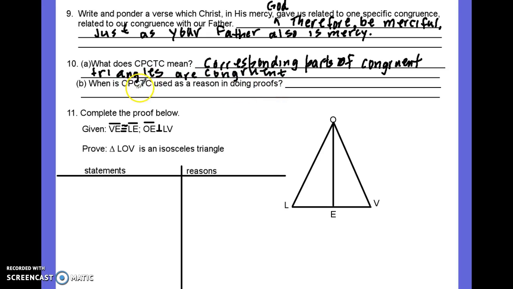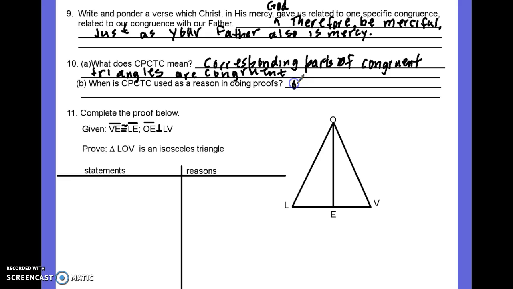Now, when is CPCTC used as a reason in doing proofs? Any of you remember? You only use this after your congruent statement.